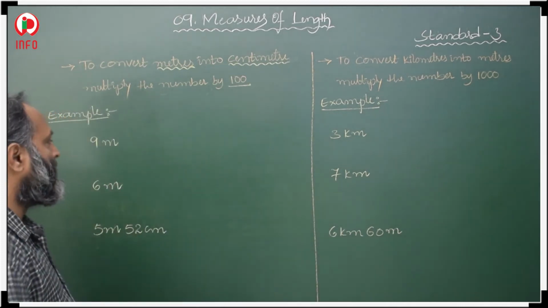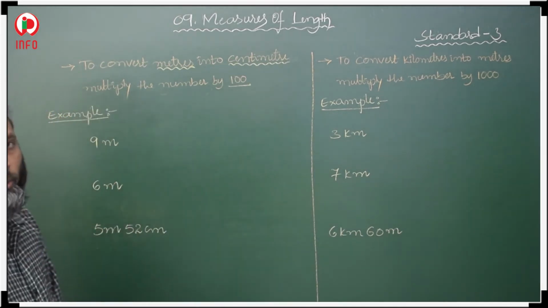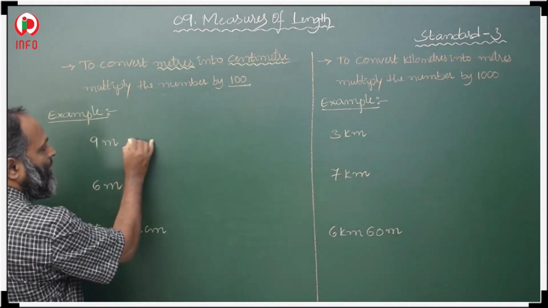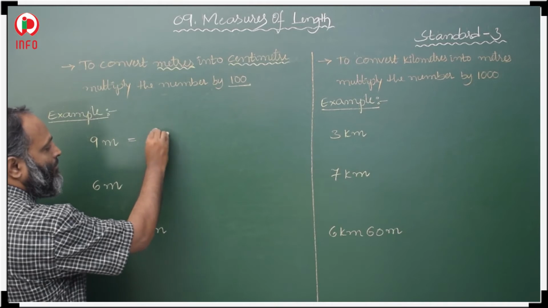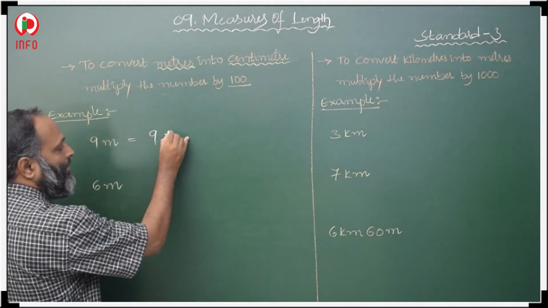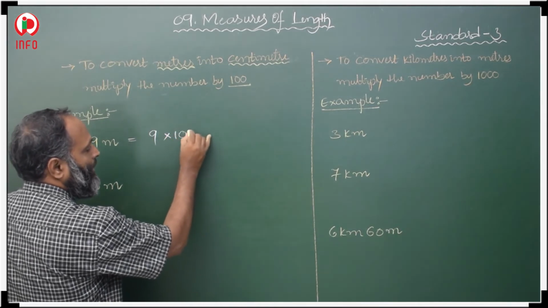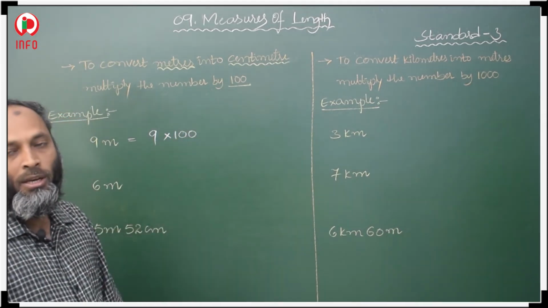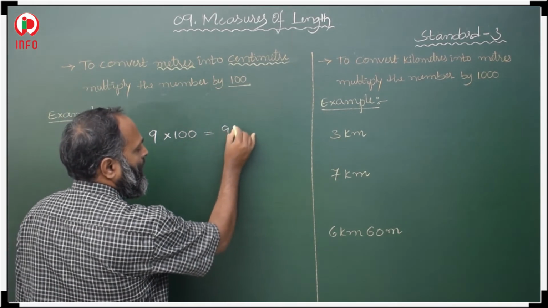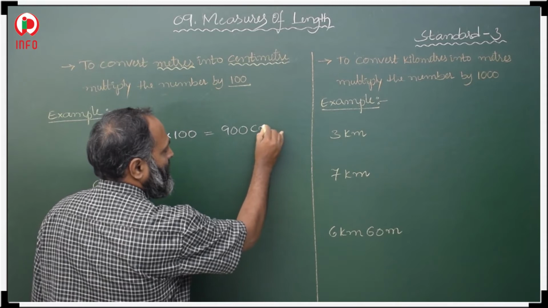Now, 9 meters, how many centimeters? Meters into centimeters means multiply with 100. 9 into 100 is equal to 900 centimeters.